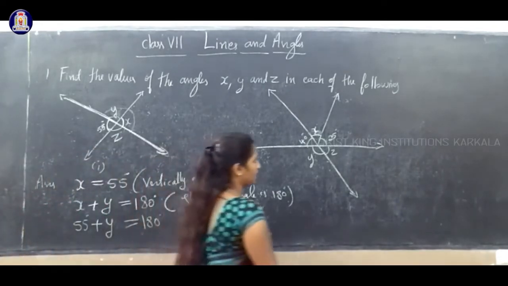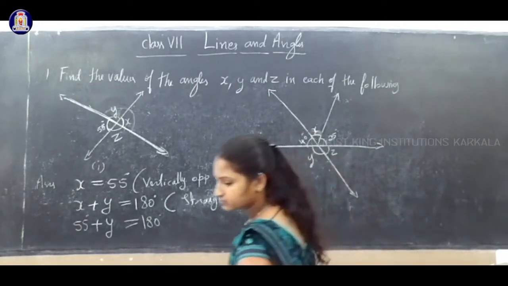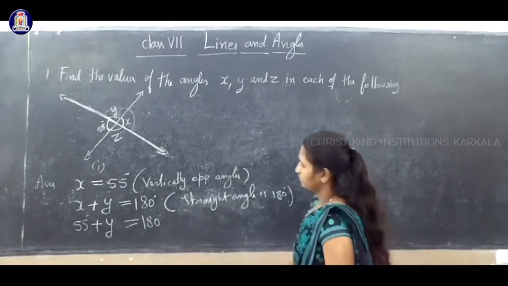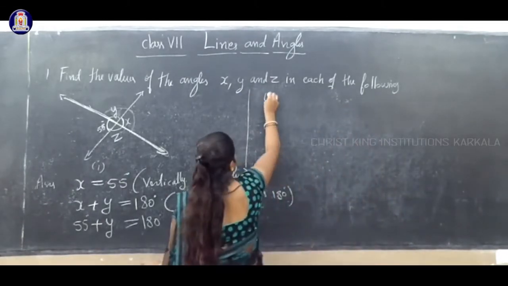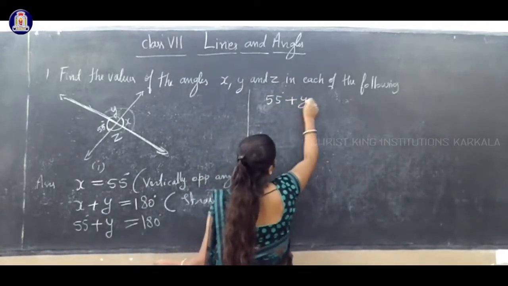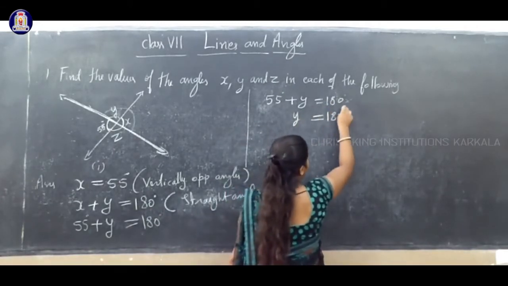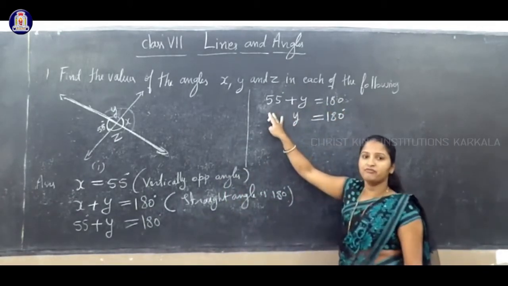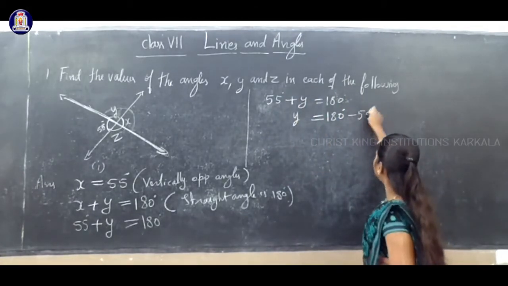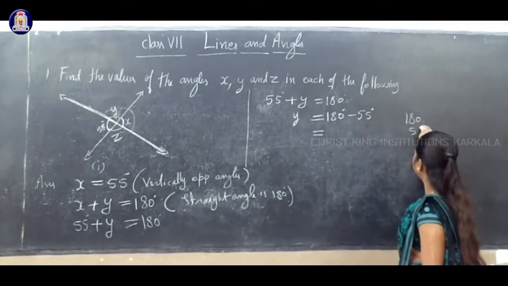So y is equal to 180 degrees, this plus 55 degrees we take to the other side, so we get minus 55 degrees. So 180 minus 55 degrees.